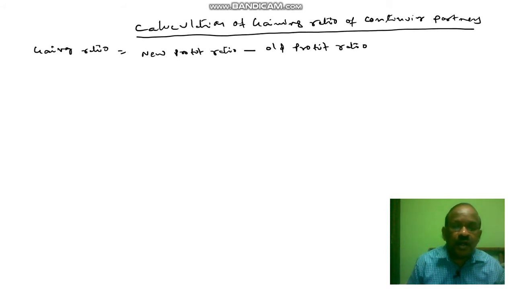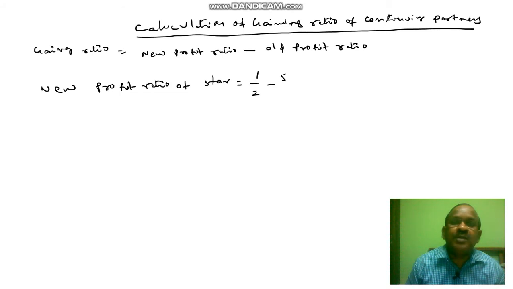So here the new profit ratio of Star is equal to 1/2 minus 5/10, which is 5 minus 5 over 10, equal to 0/10.